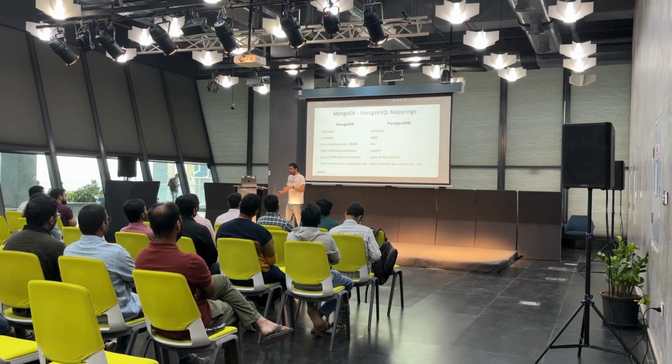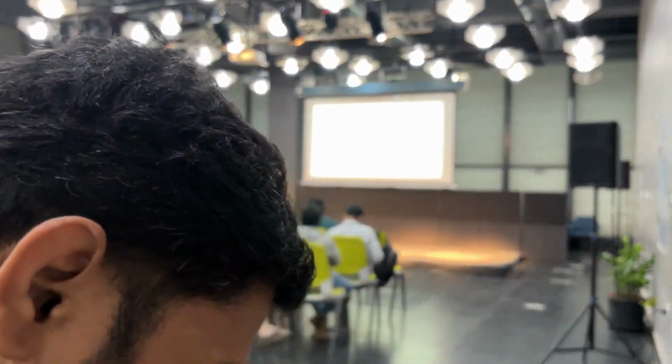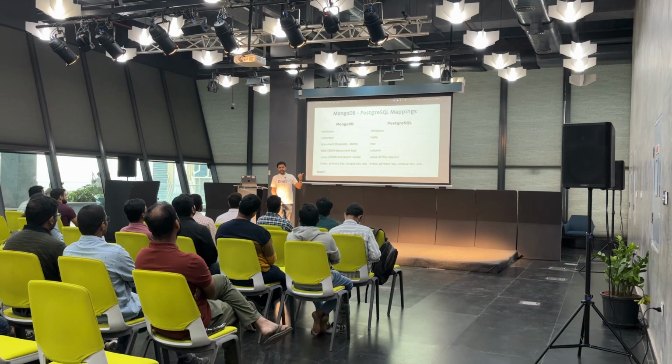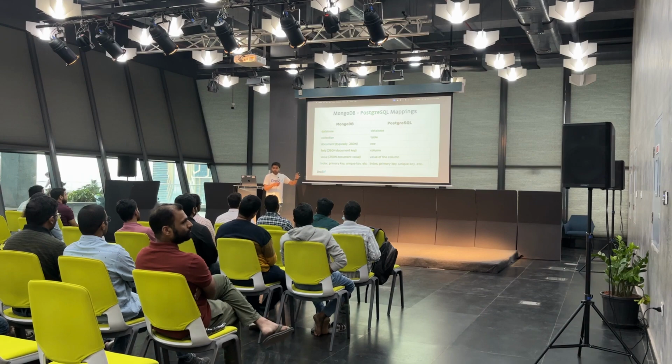If you're not familiar with Mongo and Postgres terminology, let me give a quick refresher. You have a database, which is called database in both Mongo and Postgres. There is a collection in Mongo, which is called a table in SQL terms. Then there is a document, a typical JSON document in Mongo, a single giant JSON doc.